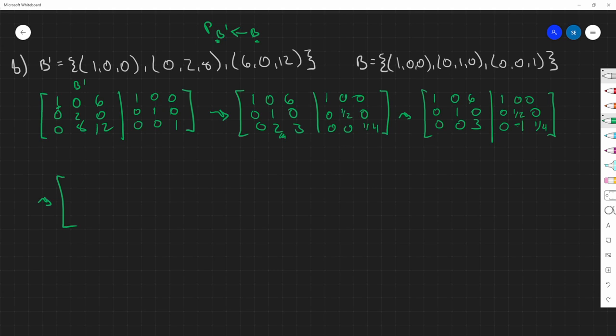And so now we can get rid of this. Actually, we can't. Let's not get rid of this 3. Let's get rid of this 6. So the bottom stays the same. 0, 1, 0. Then this would be 1, 0, because it's 3.